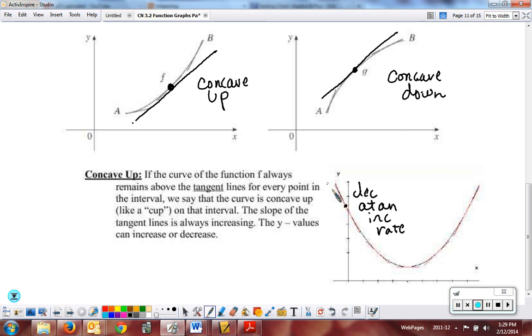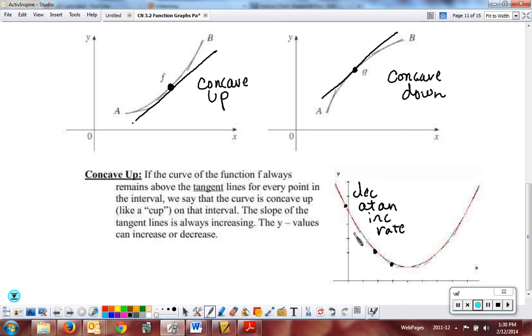The slope over here on this side is what kind of a number? It is negative. As I move over to this side and I start looking at the slopes, they are becoming more shallow, but that means that they're becoming closer to zero. And when a negative number gets closer to zero, it's not decreasing, it's increasing. So this is a decreasing function that is decreasing at an increasing rate.